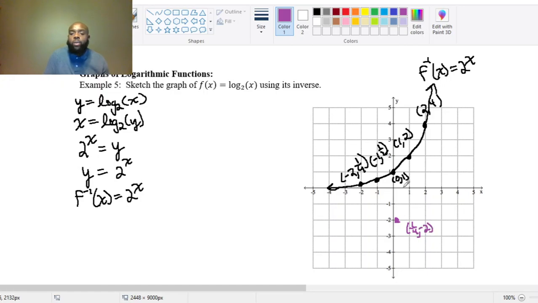The point -1, 1/2 is the point 1/2, -1. The point 1, 0 is 0, 1. I get the point 2, 1. And the point 4, 2.